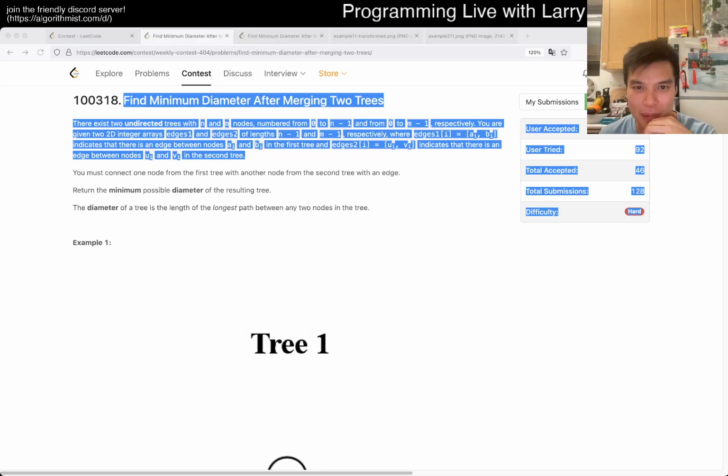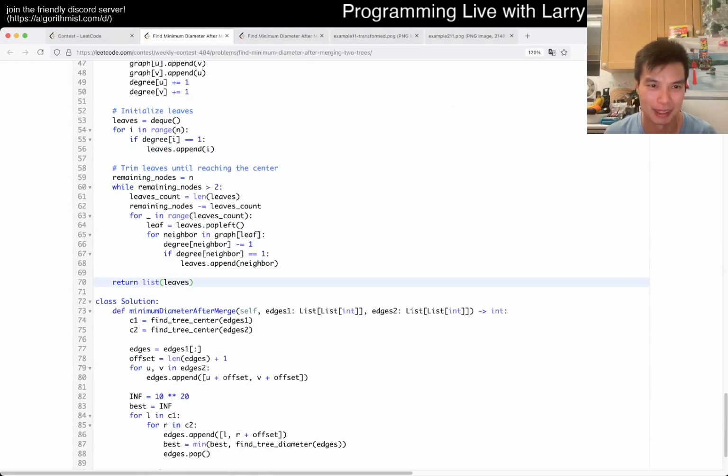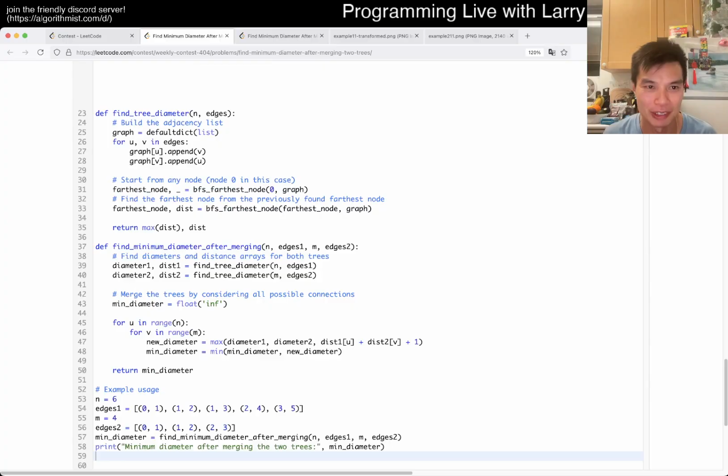Find the best connection point, find the diameter of a tree, find the best... I wonder if this is right. It gives me some random code. But I do wonder if this is right.